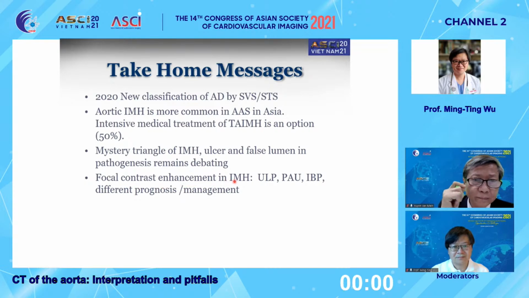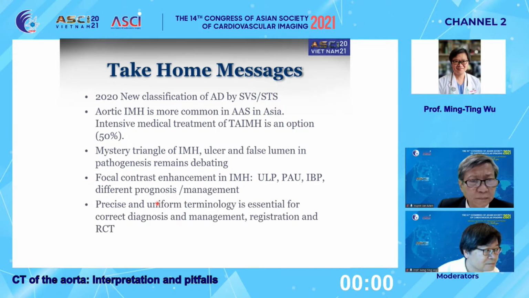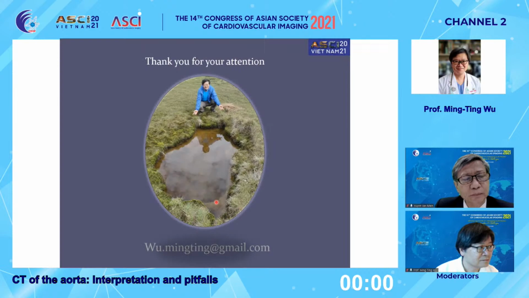Focal contrast enhancement in IMH, including ulcer protrusion, PAU, and the IBP, should be considered in differential diagnosis and management. We need precise and uniform terminology, which is essential for correct diagnosis and management. It should be noted there is no RCT yet for AAS because it's too difficult to do. Thank you for your attention.